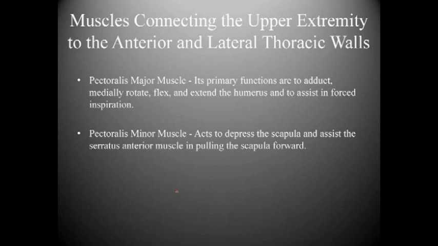So the muscles connecting the upper extremity to the anterior and lateral thoracic walls. We have the pectoralis major muscle, and its primary function is to adduct, medially rotate, and flex and extend the humerus, and to assist in forced inspiration. So it also assists in inspiration.